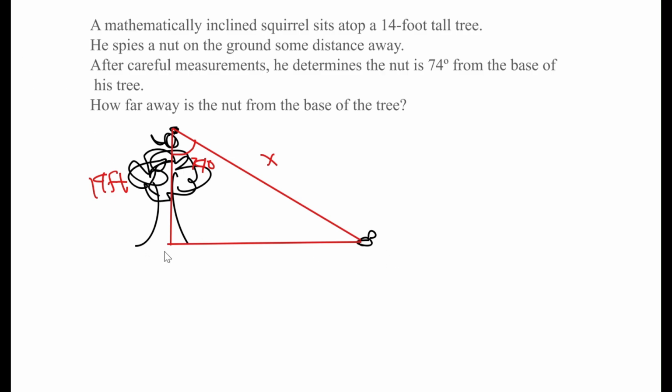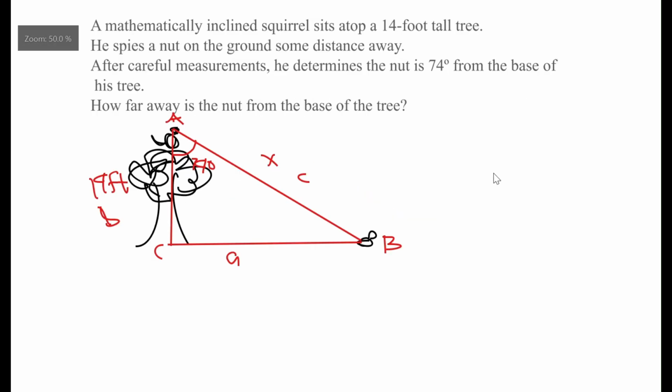Let's say this is C, this is A, and this is B. So now we will look for our C, or our hypotenuse.